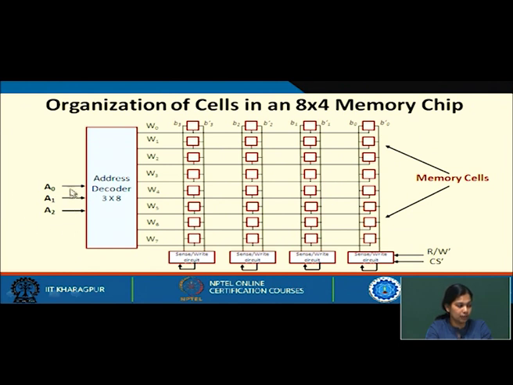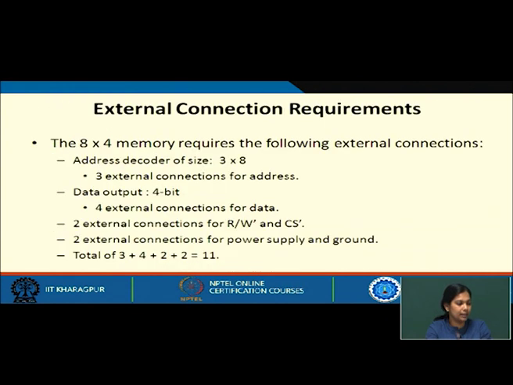So, 3 for the address, 4 for the data lines, and then you have 2 more signals, that is read/write and chip select. That should also be provided externally, because the processor will tell whether you have to read a data or write a data. And there will be 2 more, that is power supply and ground.